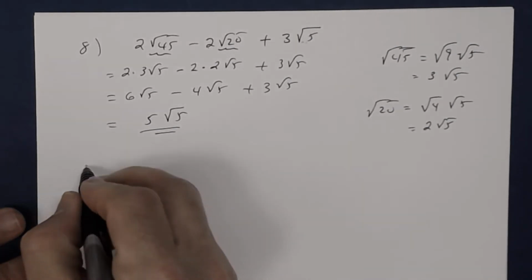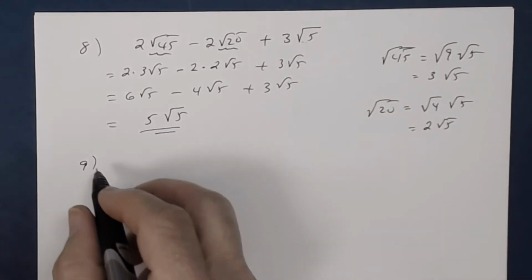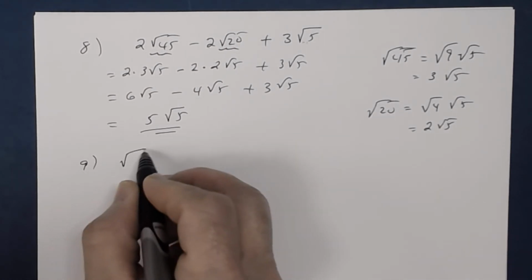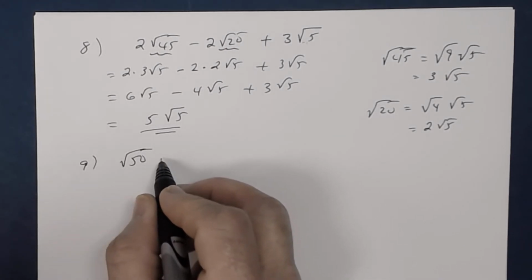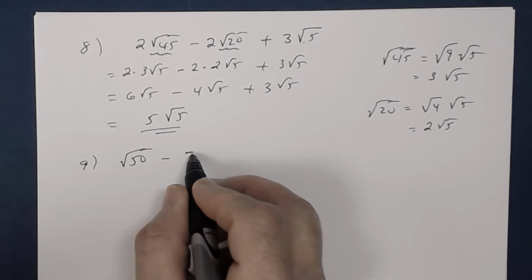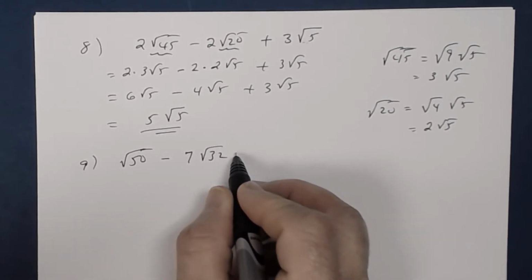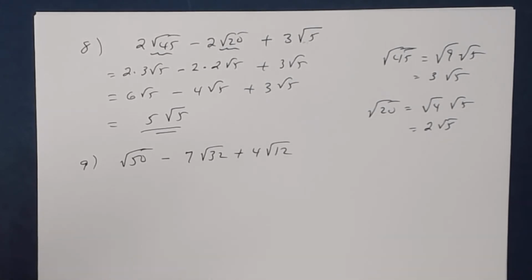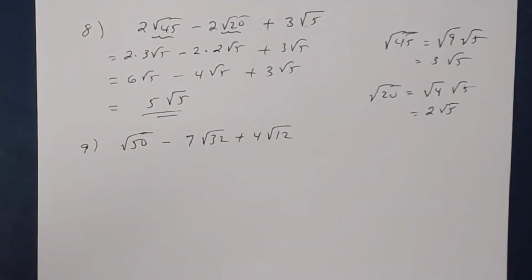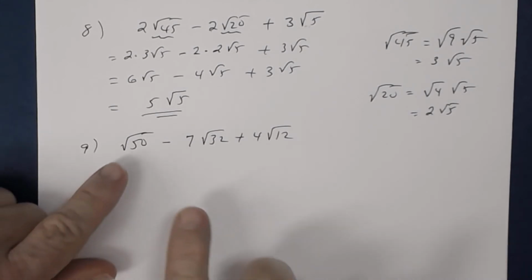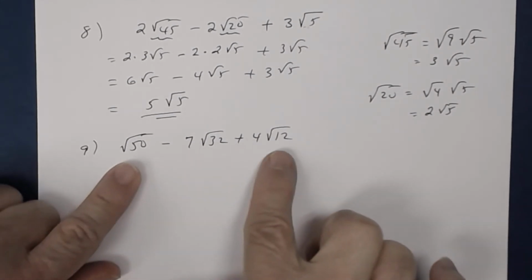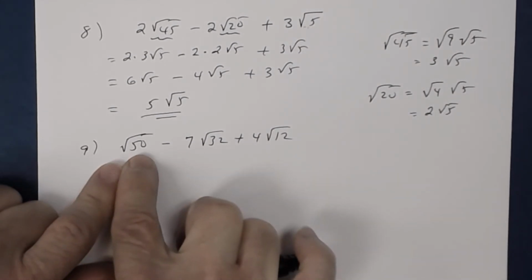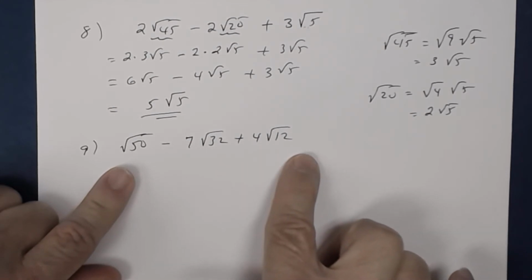Okay, number 9. Let's suppose you had the square root of 50 minus 7 square root of 32 plus 4 square root of 12. Notice that if you look at those three terms, those square roots in particular, they can all be simplified.